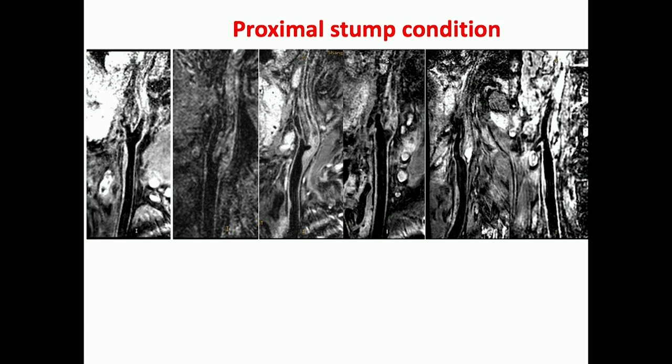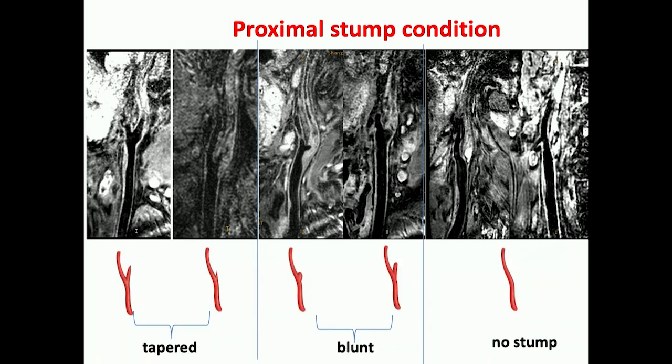Since the proximal stump condition is closely related to the guide wire or catheter entering the true lumen, we categorized it into 3 types: A is tapered stump, B is blunt stump, C is no stump.